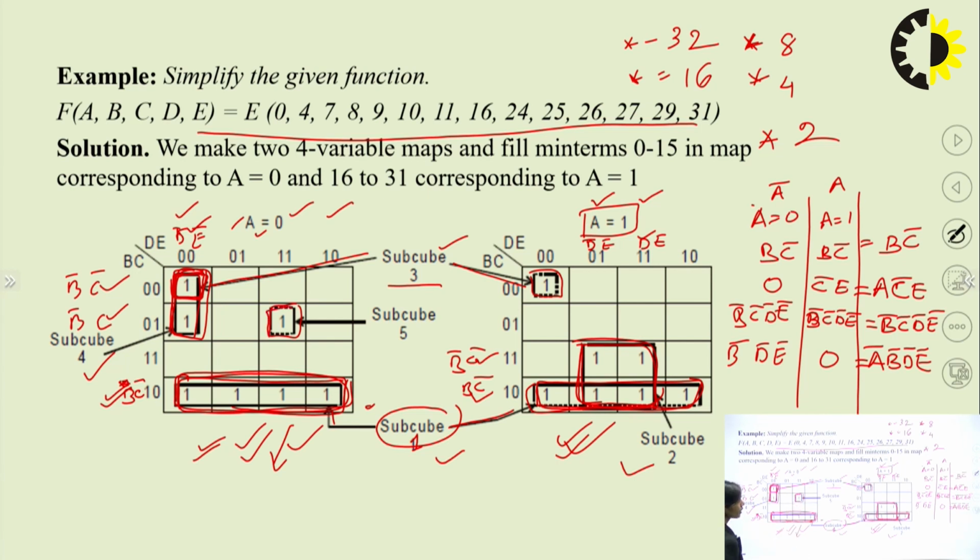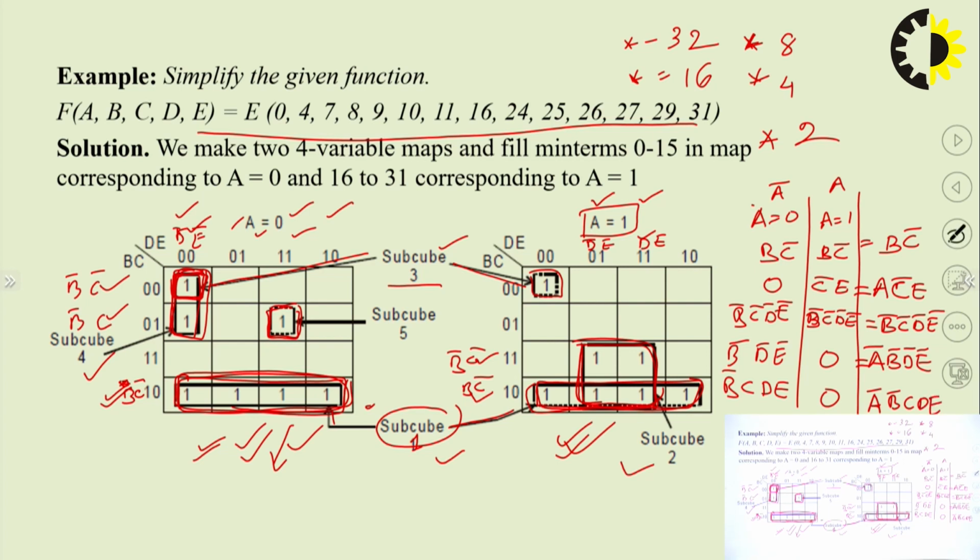This is only present in K-map 1, corresponding to B bar C, that means the second row and third column. So this can be written as B bar C and the third column, that is DE. Again, in K-map 2 it is not present, so this is taken with A bar B bar C D E.